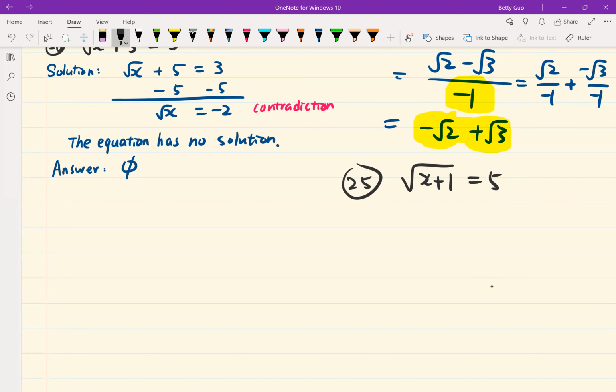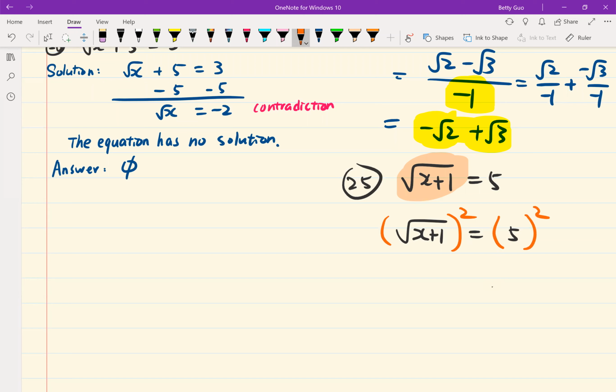Okay, let's solve the equation. We have only one radical in the equation, the square root, and it is isolated on the left already. So we're going to square both sides. In order to solve for x, we need to get rid of the square root, so we square both sides.